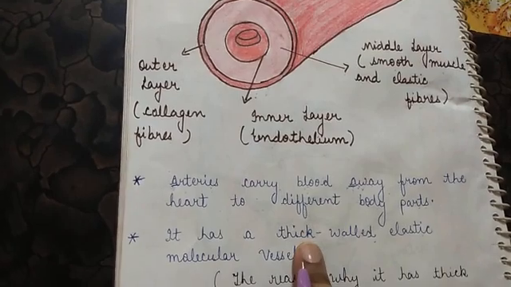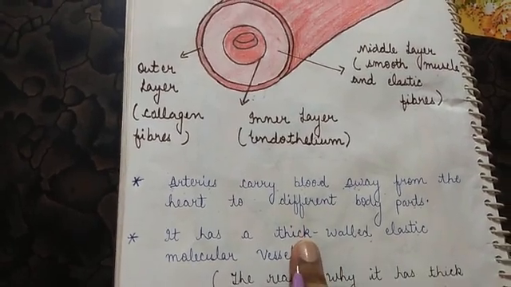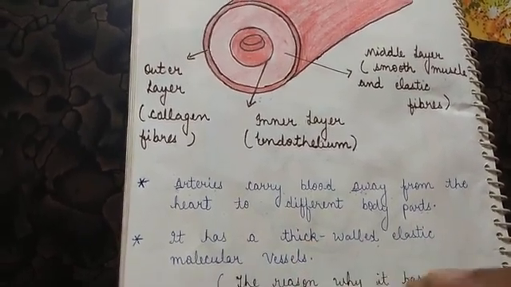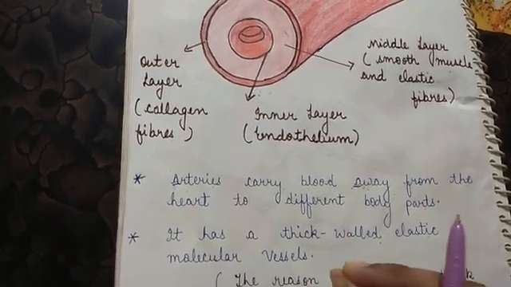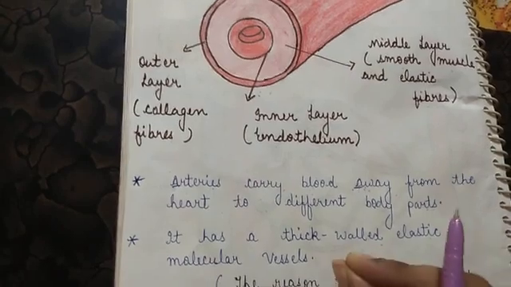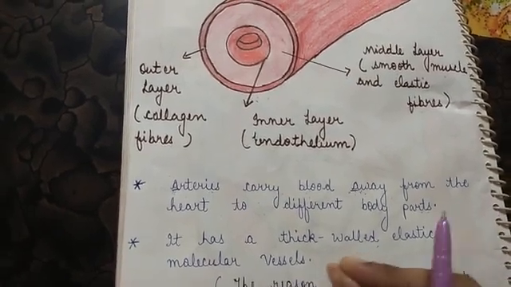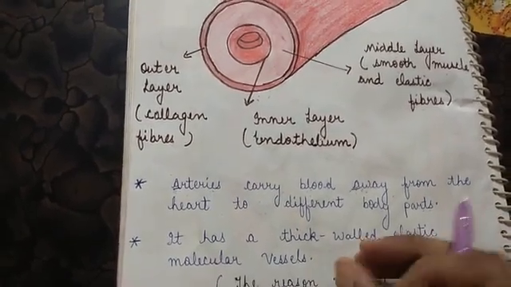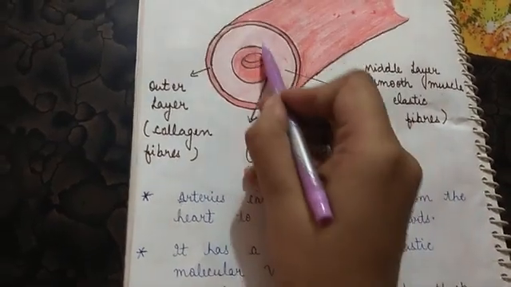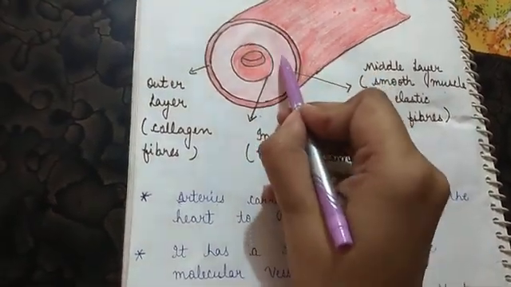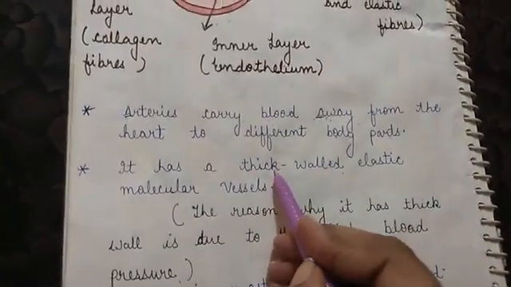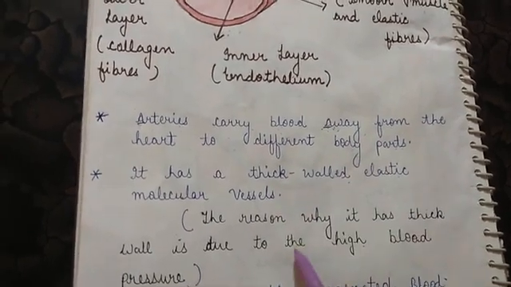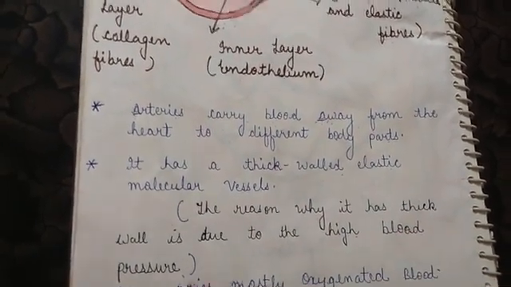Otherwise, just imagine if the walls of the arteries were thin, they would not be able to handle the high blood pressure and might burst, and that can result in the death of a person. So that is why the walls of the arteries are thick. They are thick in order to handle the high blood pressure.